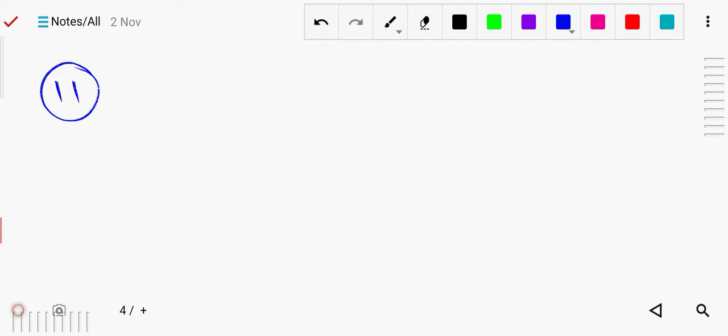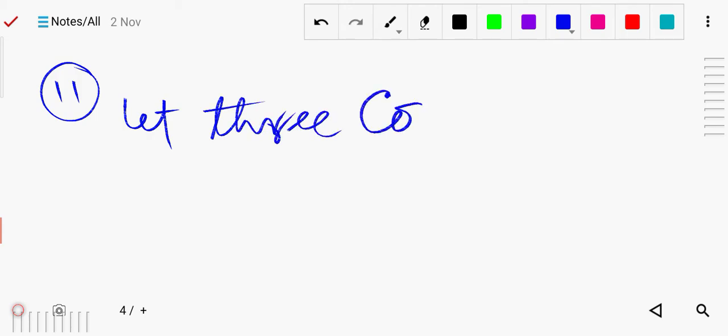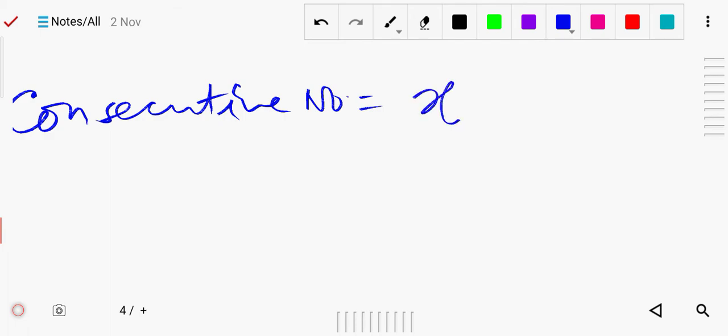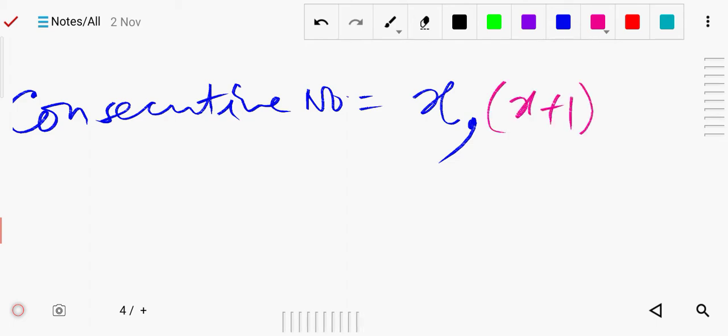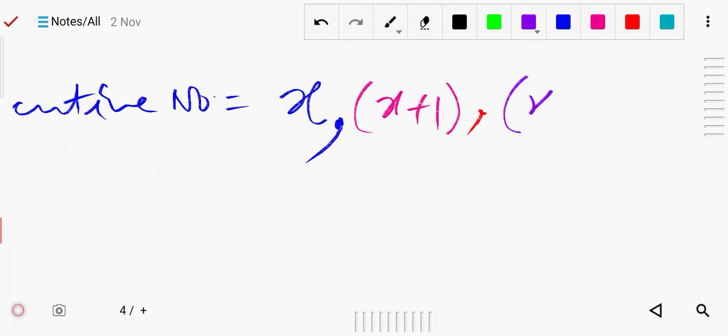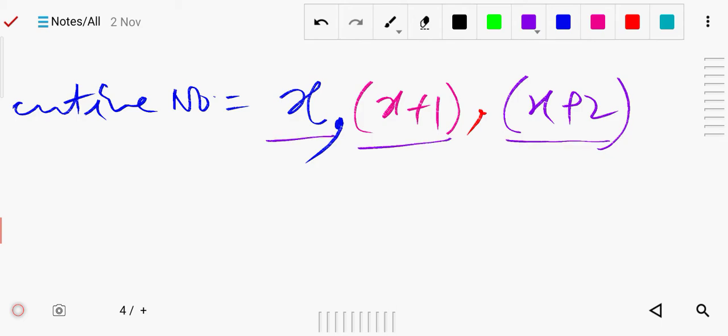So we can write: let the 3 consecutive numbers be, the first number x. As I told you, the difference should be only 1, so the next number will be x plus 1, and the next will be x plus 2. So the three numbers we have assumed are x, x plus 1 and x plus 2.